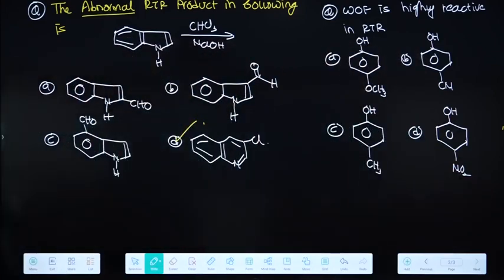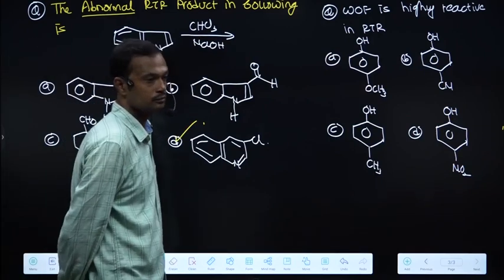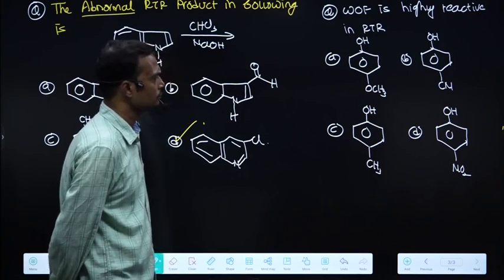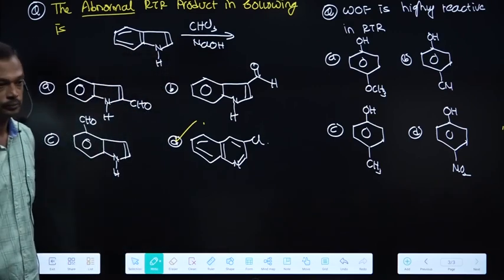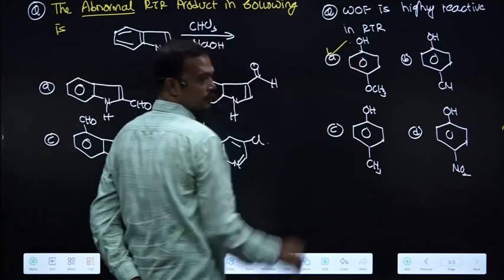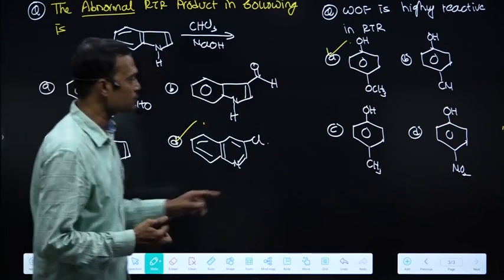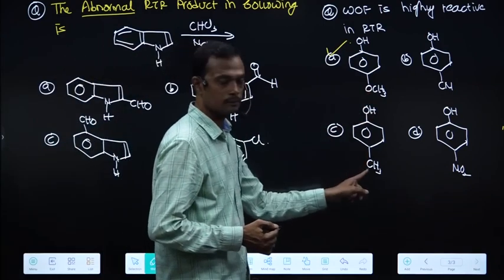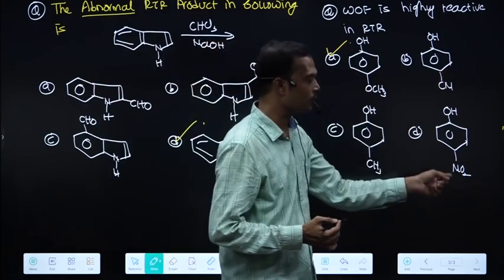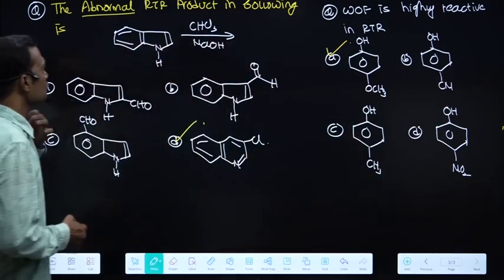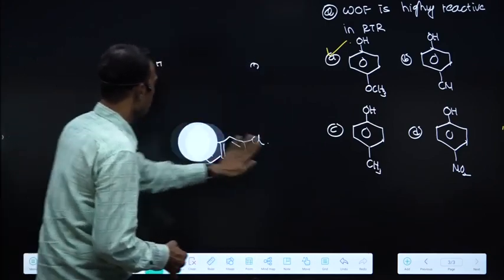Which of the following is highly reactive in RTR? Which is more reactive? A is correct. Electron releasing groups increase the rate of reaction. Withdrawing groups decrease the rate of reaction. Methyl is first, this is second. So between nitro and cyano, which is the strong withdrawing group? Nitro. Then later on this one, later on this one. So what is the requirement? Definitely a proton is required. Acidic hydrogen is required. Then it participates in RTR.